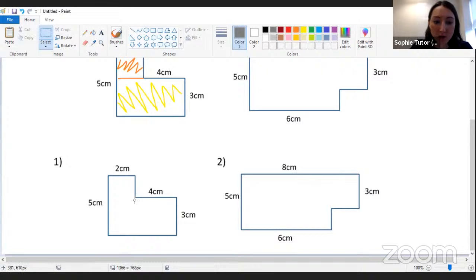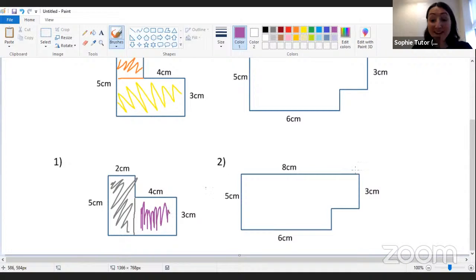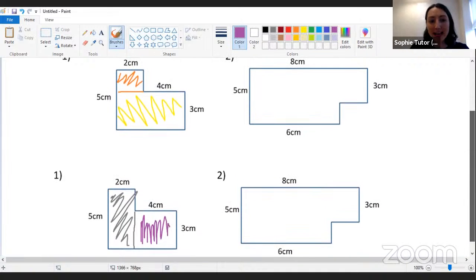The other way was to do it down here, and then you'd have your one bit here, and then your second bit here. So we're looking at shape number one, but you can see there's two different ways of breaking it down, and either way would be fine.